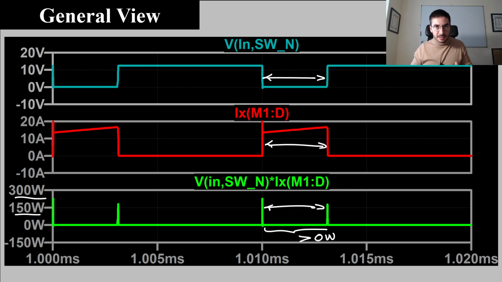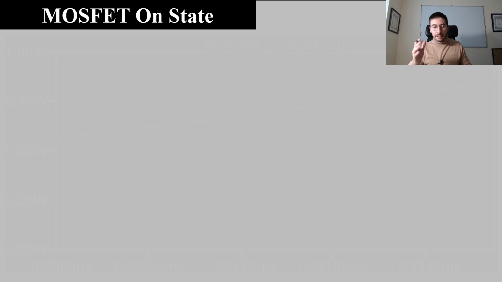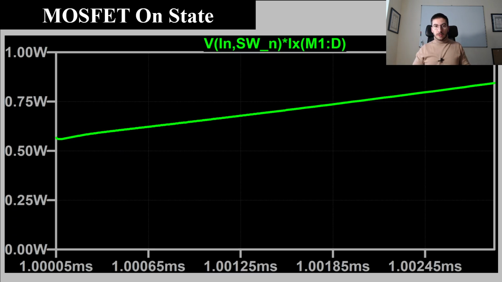But it's not negligible, because it's true that the amplitude is smaller, but the time interval is higher. And the important thing here is the integral. So we focus on that on state, this one.